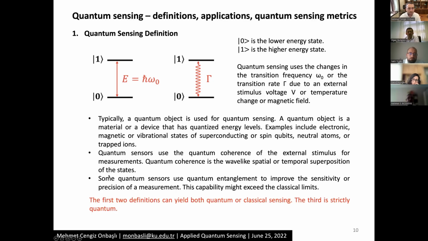And the last and more advanced version of our inputs are basically some quantum sensors which use entanglement to improve the sensitivity or precision of a measurement. In fact, this is what Özgür Hoca referred to in his final few derivations when he was suggesting to use entanglement to circumvent the shot noise limit.